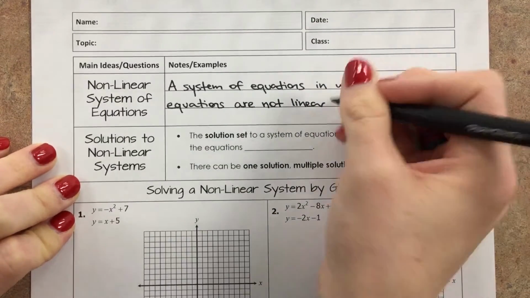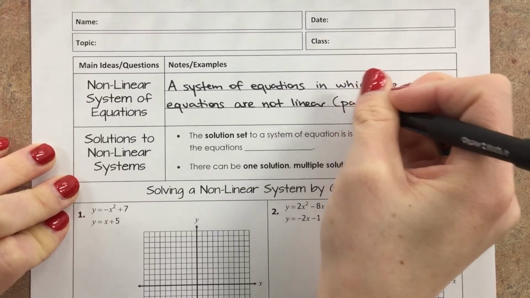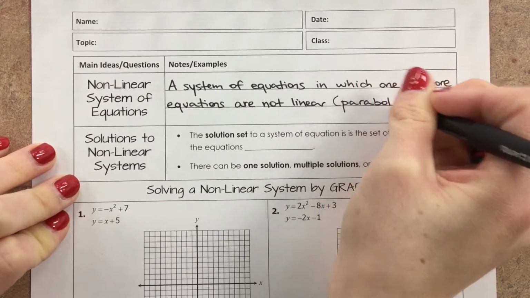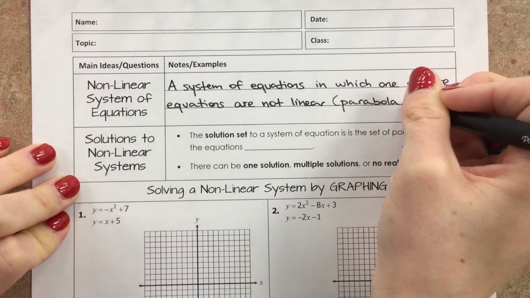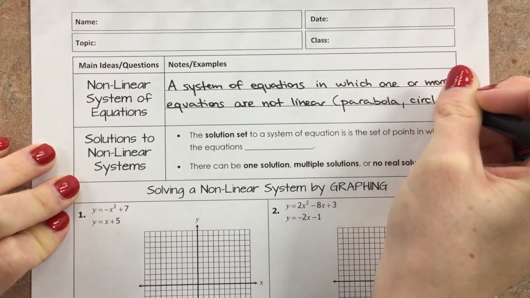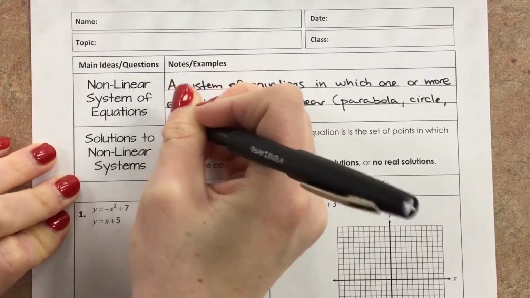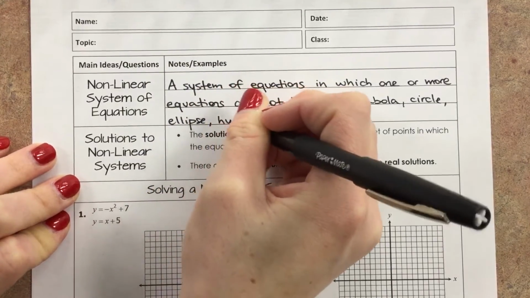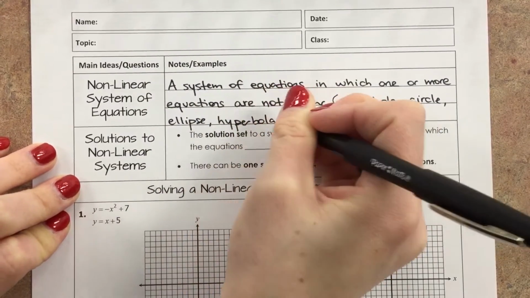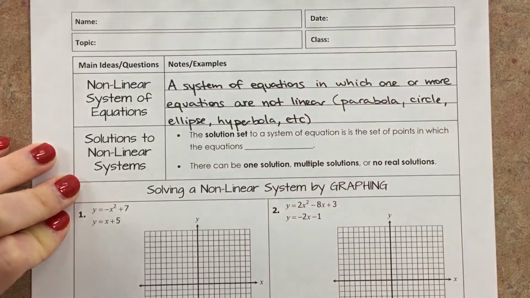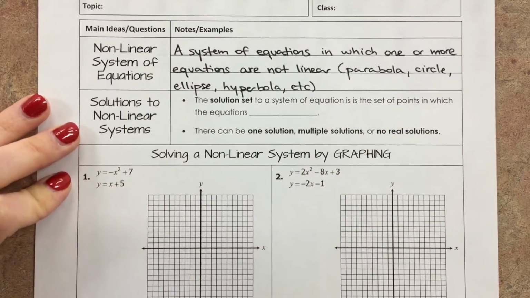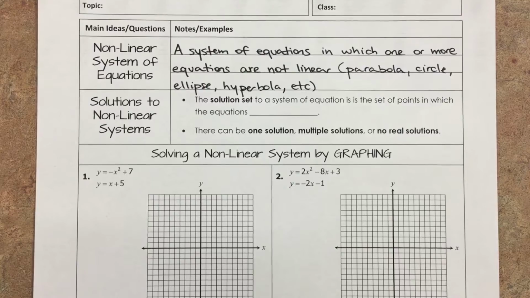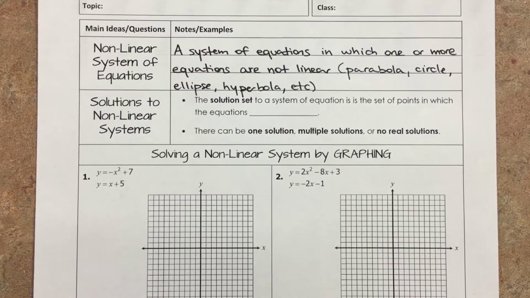So that means they could be parabolas, circles, ellipses, hyperbolas. Okay, so it might be one line and one nonlinear equation, or it might be two nonlinear equations. We'll see a little bit of everything.